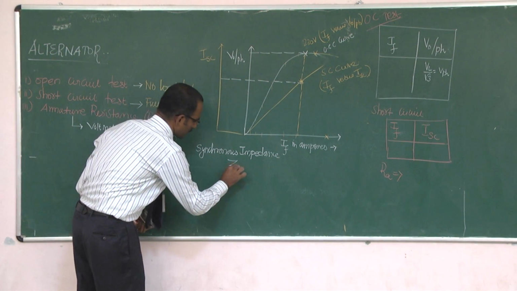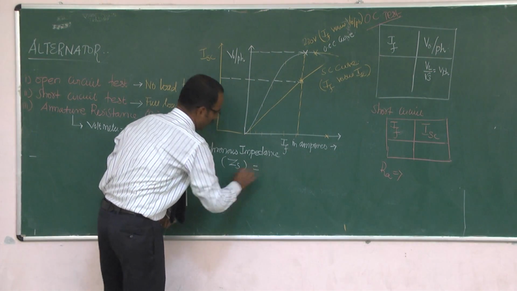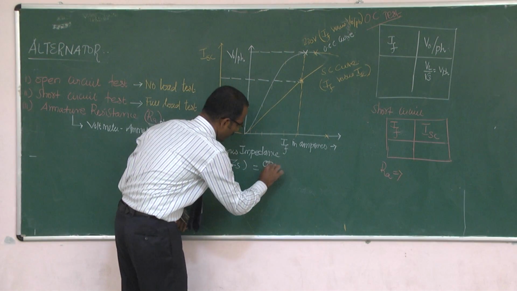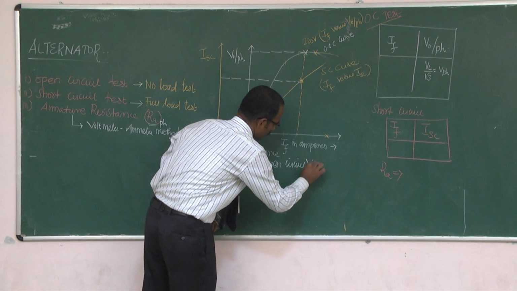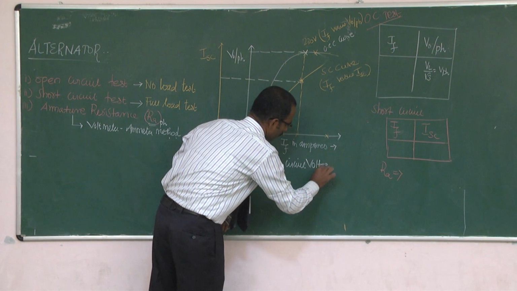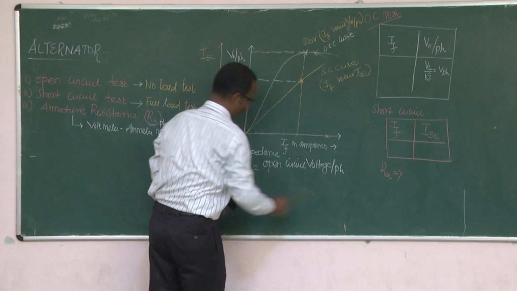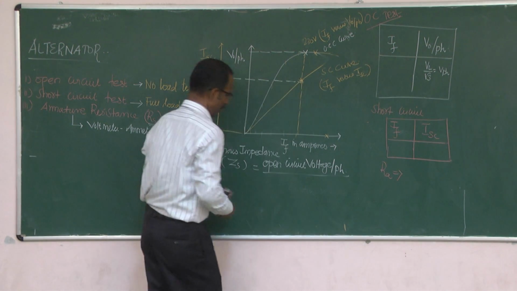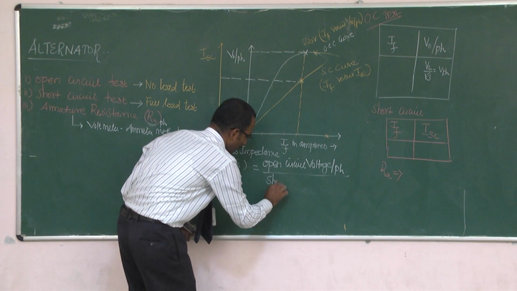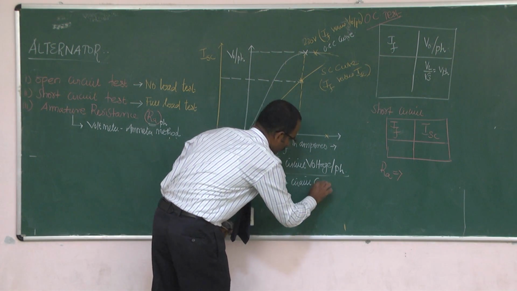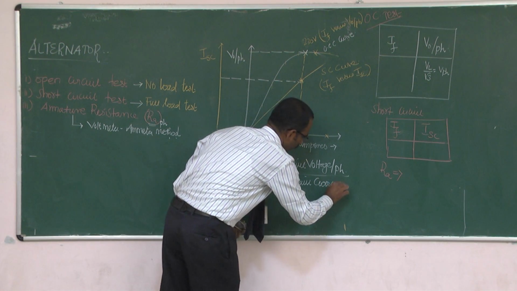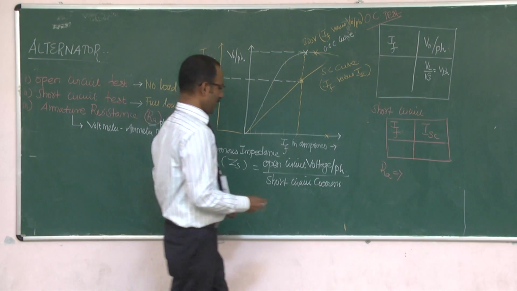Synchronous impedance Z suffix S is nothing but the open circuit voltage per phase by the short circuit current, at the same excitation.